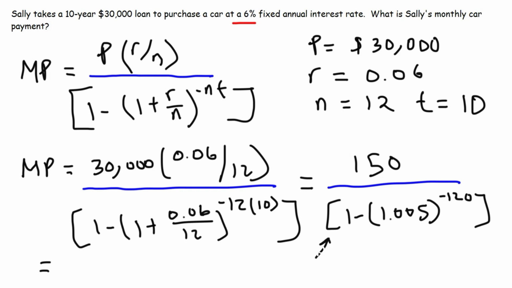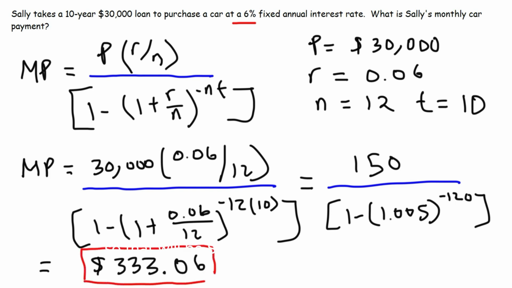Make sure to put 2 sets of parentheses, and don't forget to close it at the end. Otherwise, your answer might be different. Final answer is $333.06. So that will be Sally's monthly car payment, given this 10-year, 30K.